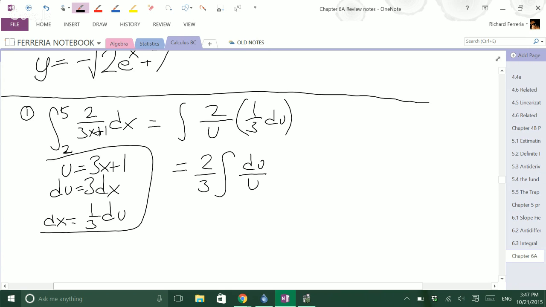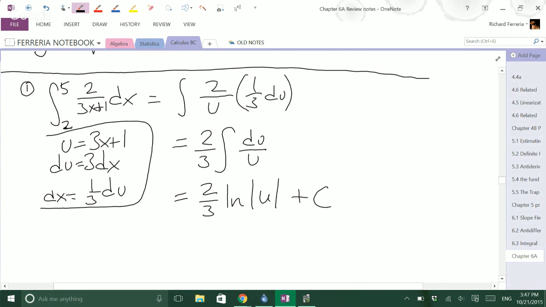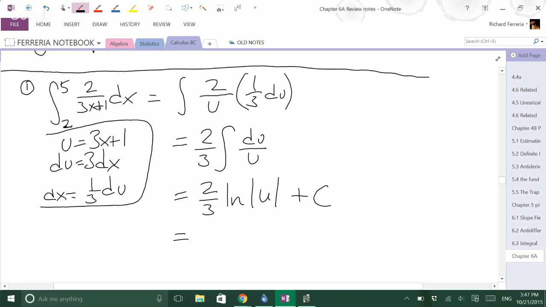Great. That is 2/3 natural log of the absolute value of u plus constant. Of course, that's 2/3 natural log of 3x plus 1 plus constant.